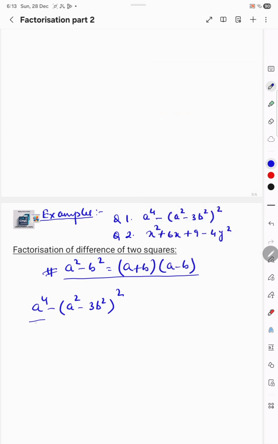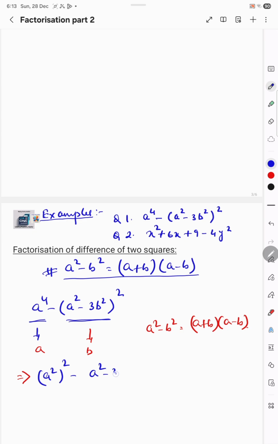Now see, here we have a perfect square, here also we have a perfect square. So we can say this part is my a and this part is my b. So we have a square minus b square, which can be broken as a plus b and a minus b. So now see what we'll do. So this is basically a square whole square minus a square minus 3b square whole square.